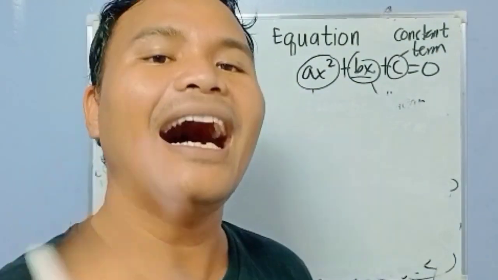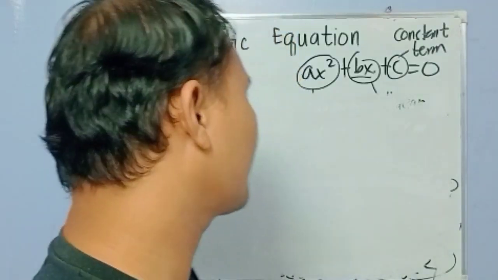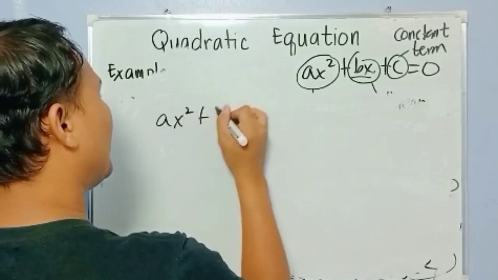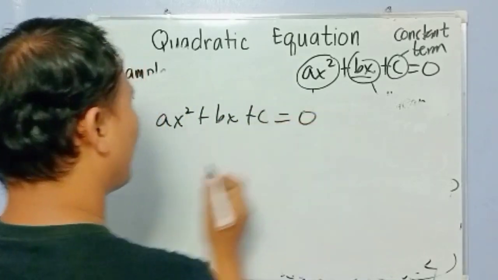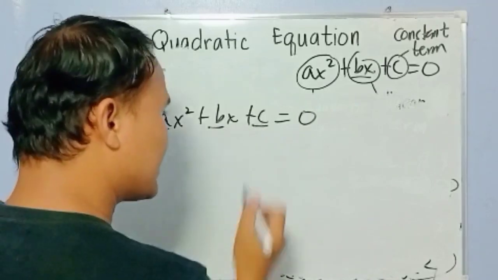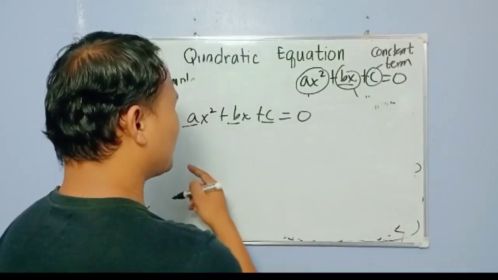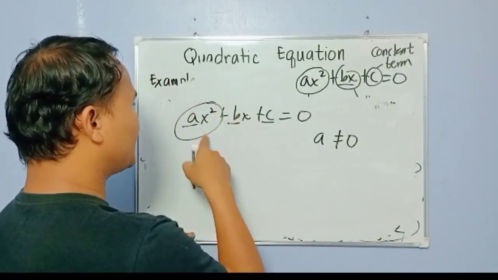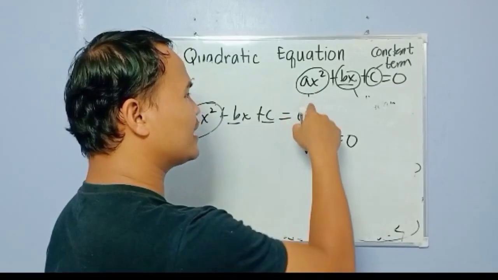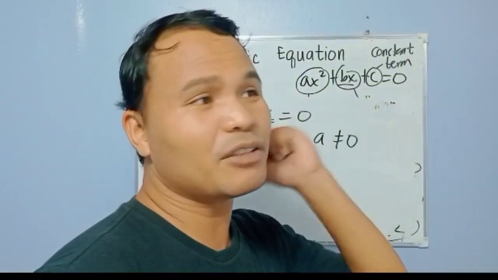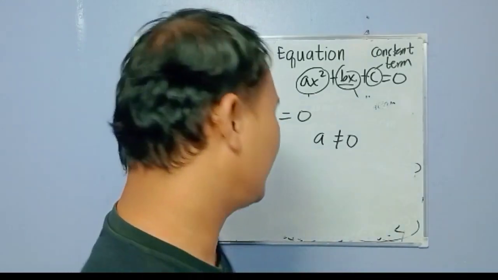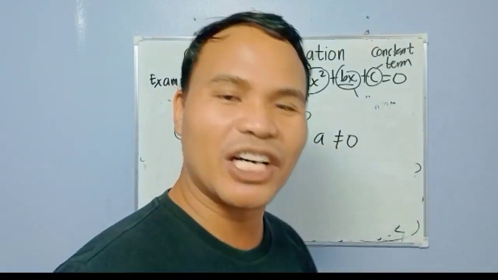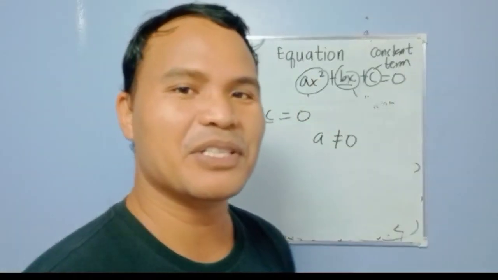Meaning to say, the highest exponent of the equation is 2, and it can be written in this form, ax squared plus bx plus c equals 0, where a, b, and c are elements of the real numbers. And a should not be equal to 0, because if it becomes equal to 0, the quadratic term disappears, and it is no longer quadratic. So that is the exemption or limitation or condition about quadratic equations.